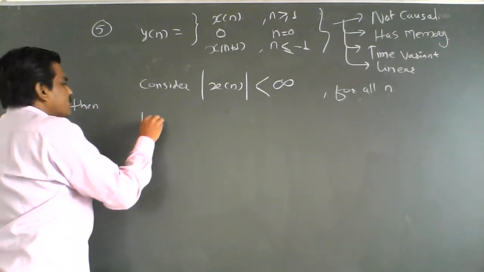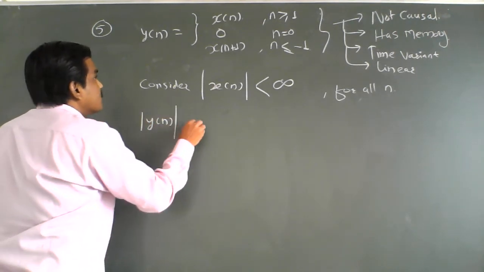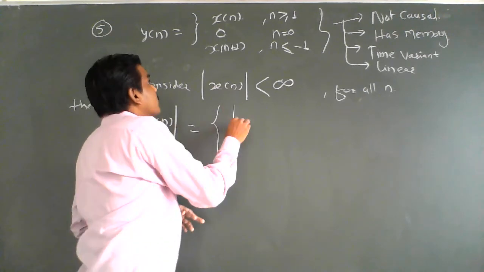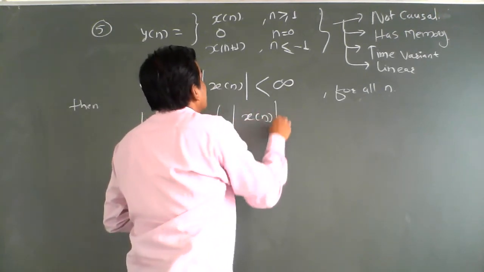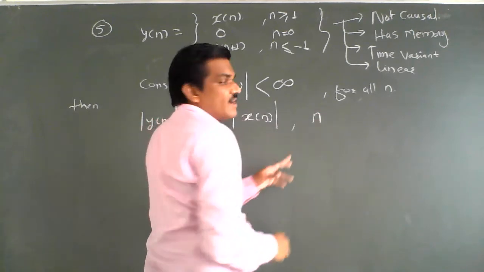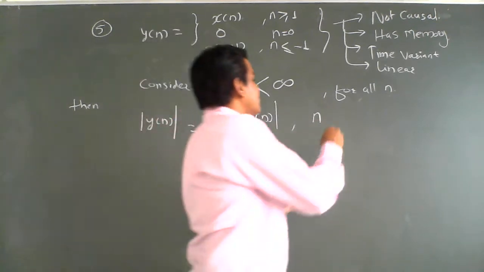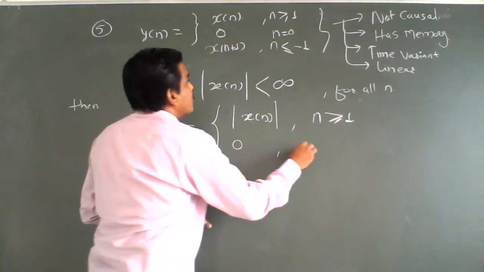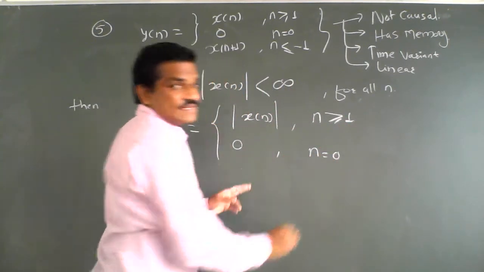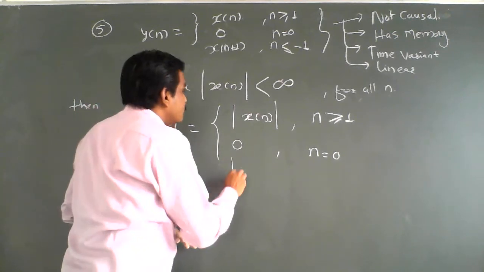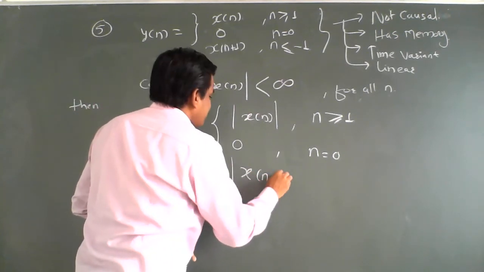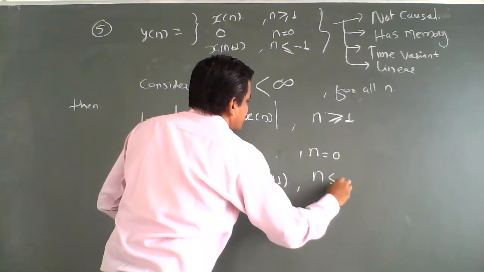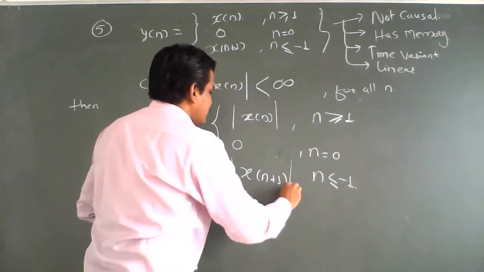Mod of y of n is nothing but mod of x of n for n greater than or equal to 1, equal to 0 for n equals 0, and equal to mod of x of n plus 1 for n less than or equal to minus 1.